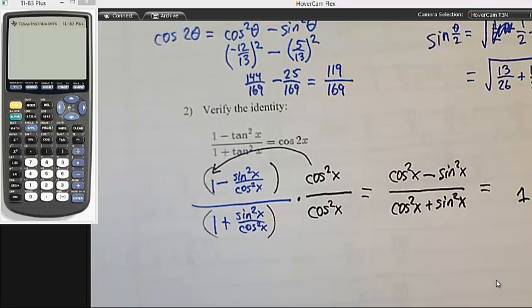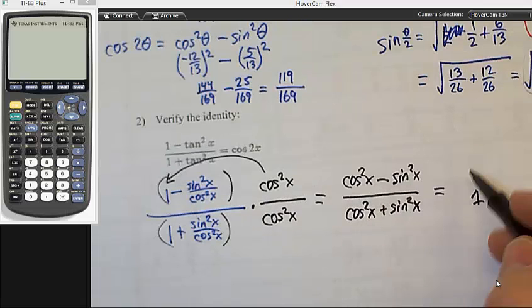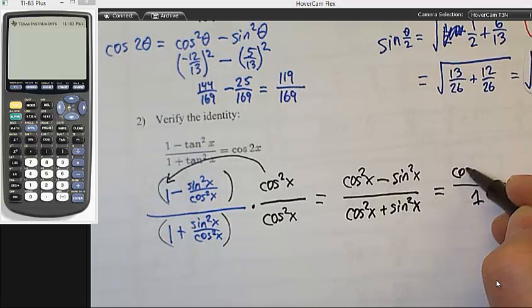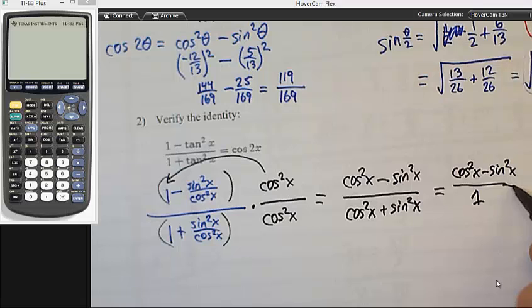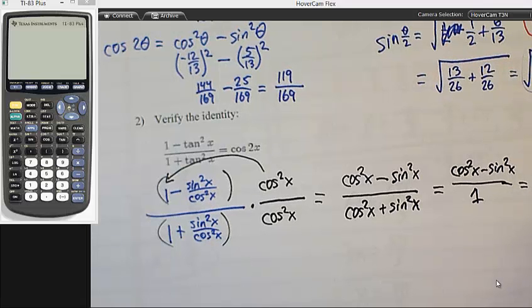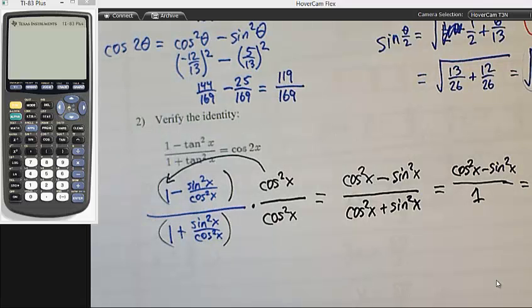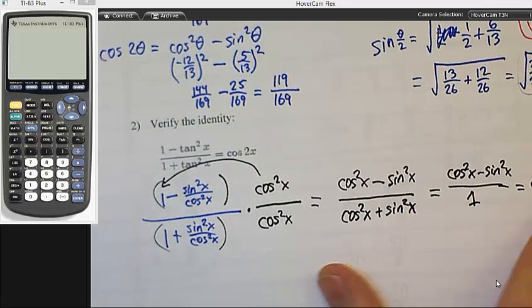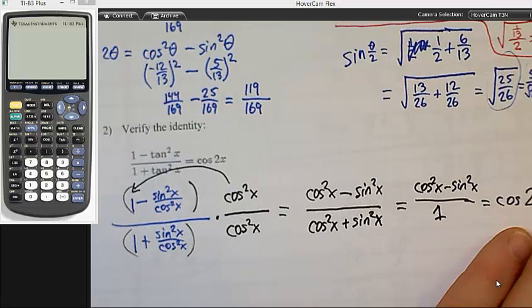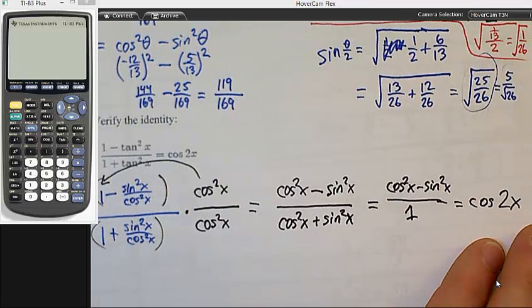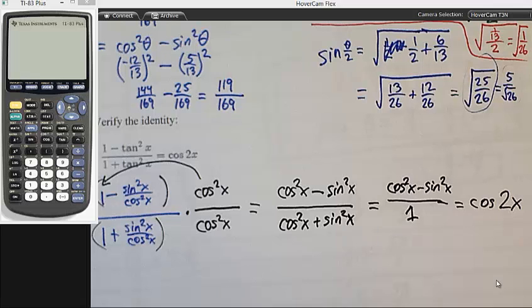That's the Pythagorean identity. And what I was really hoping is that the top one would ring a bell also. Do you know what cosine squared minus sine squared is equal to? Cosine of 2 theta. It's what we want. It's the cosine of 2x. So that's a way to do problem 2. Like I said, there's other things you can do too. This might be the easiest of the approaches I've seen.